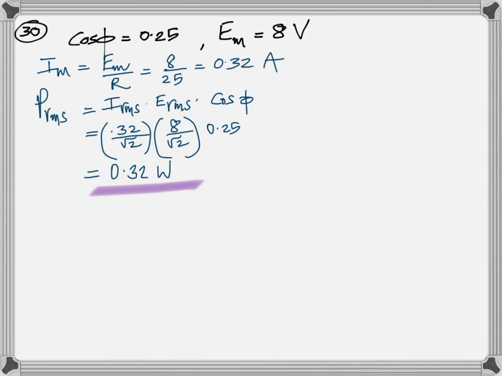What I wanted you to know here, just adding on to this, and that's just a couple more minutes: if you take a pure inductance, what is phi for a pure inductive circuit?